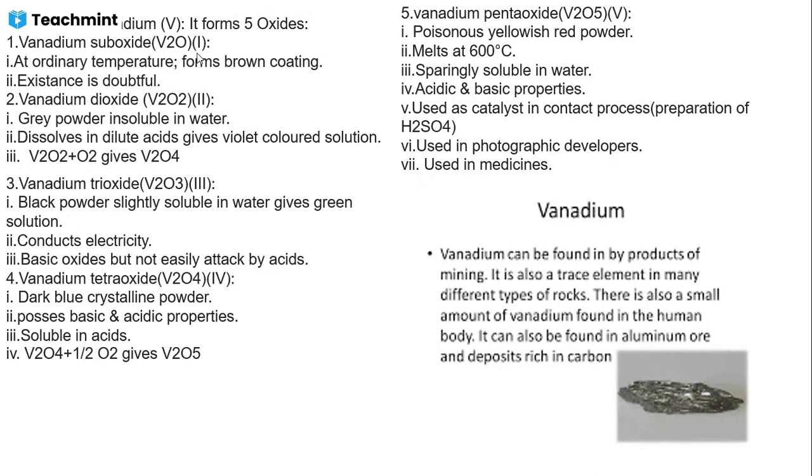They are called vanadium suboxide, vanadium dioxide, vanadium trioxide, vanadium tetroxide, and vanadium pentoxide. These are the five different oxides.